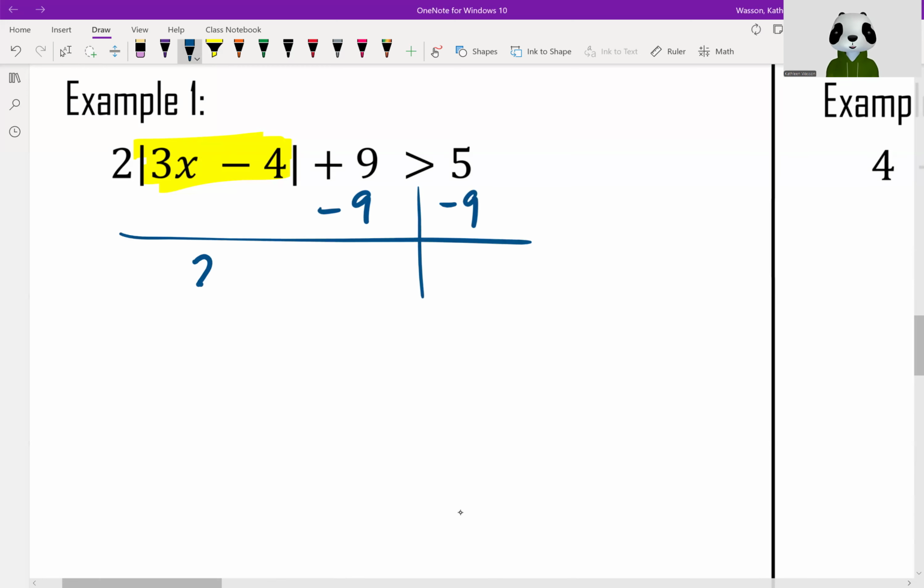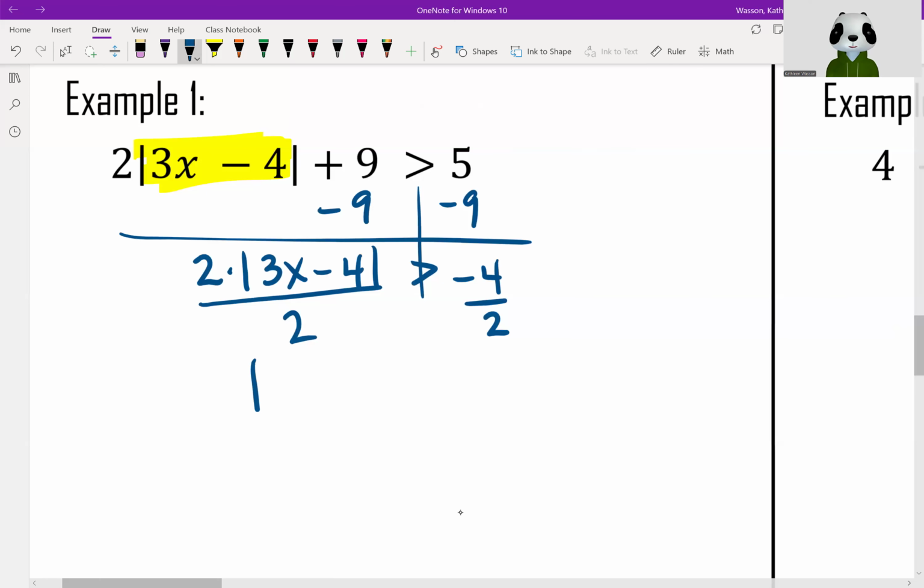That leaves 2 absolute value 3x minus 4 is greater than negative 4. And then these are multiplied together, so I divide to isolate, which leaves me absolute value 3x minus 4 greater than negative 2.